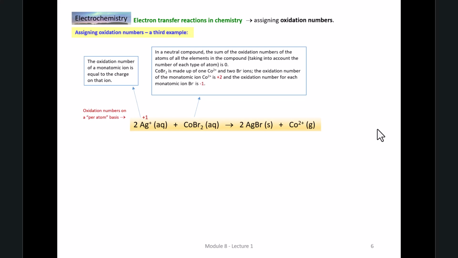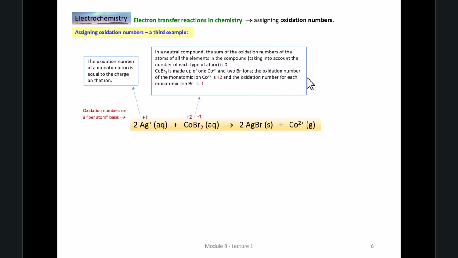We know the oxidation number of cobalt 2 plus is +2, which would mean the oxidation number for each bromide would be -1. We also know that bromide's -1 because bromide is a monatomic ion. And so we can assign those oxidation numbers.